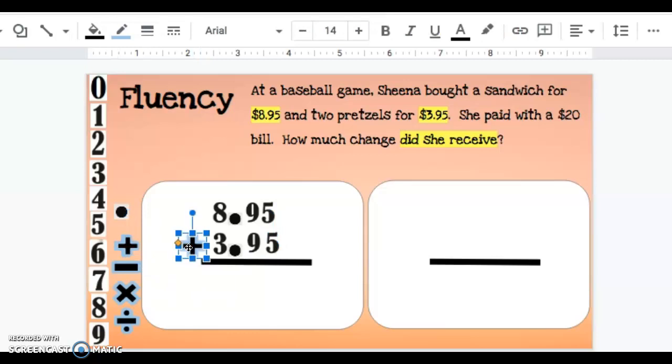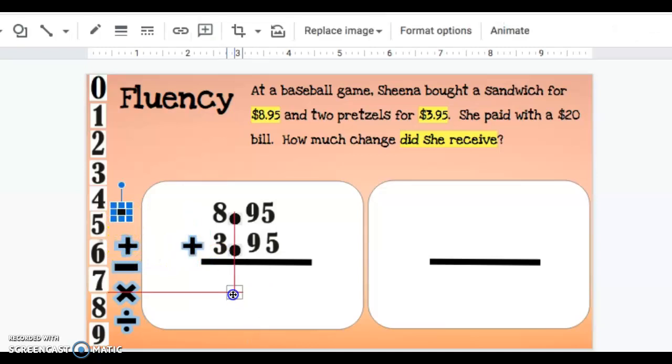Okay, so now that I'm adding these two up, and I know when I'm adding, I need to drop the decimal point straight down. Once I drop it straight down, I start to solve from right to left. So 5 plus 5 is 10. 9 plus 9 plus 1.